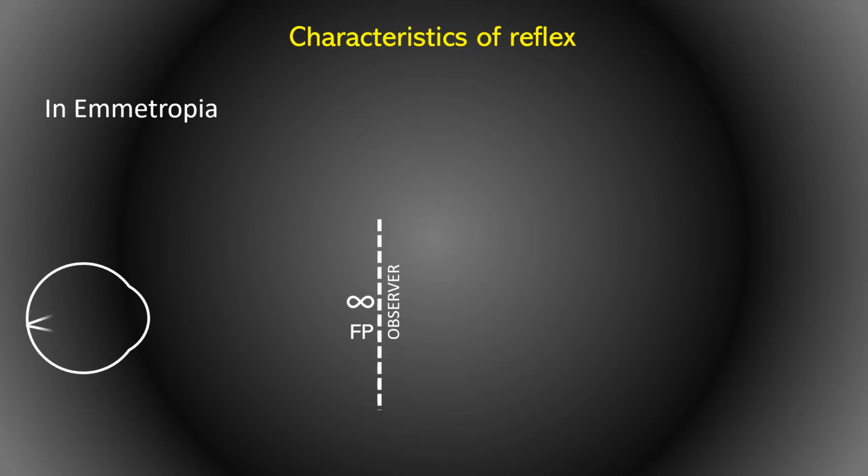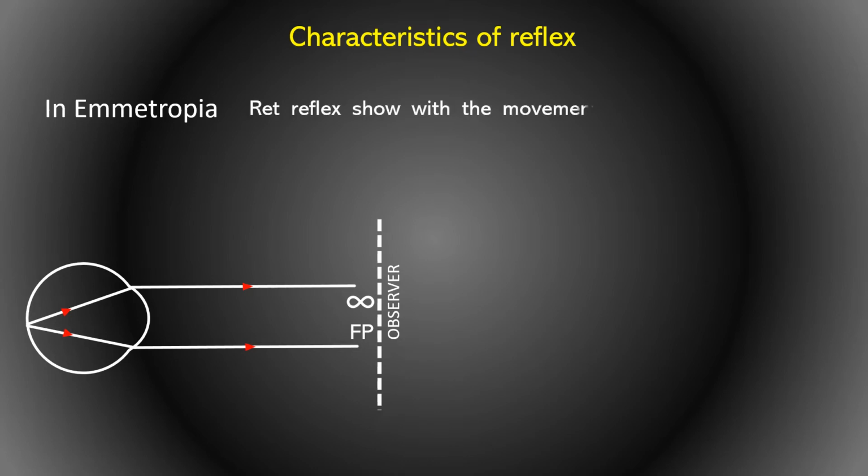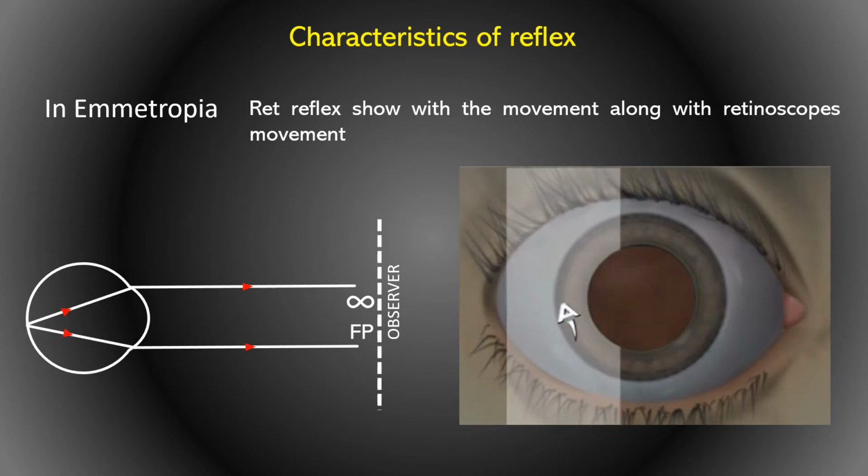The light rays emitted by the fundus are parallel to each other. So here we are talking about the rays which are coming out from the eyes. And when an examiner observes these reflected rays coming out of the eye as red reflex in the pupil of the patient, they show with movement along with the retinoscope's movement. If you move the retinoscope to the right, the red reflex will also move to the right.